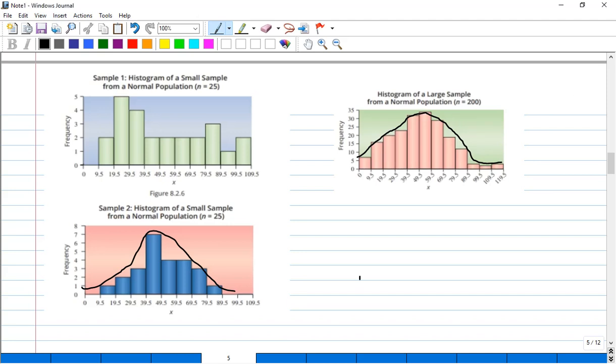And as that number increases and increases, then the normal distribution would be a special type of normal distribution called a standard normal distribution. Because as n increases, all the data items under the curve will make a bell shape if you graph it.